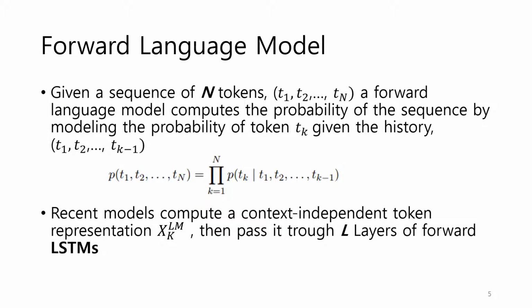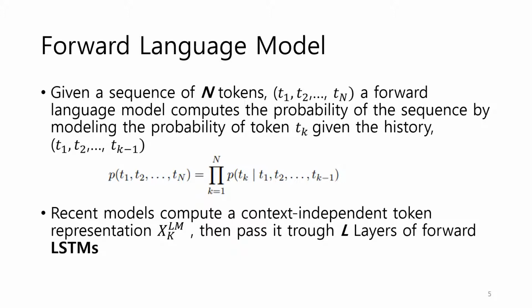Before we get into the deep details of how ELMo works, I will explain the main concept, the bi-directional language model. In this slide, I will mention the forward language model first. When given a sequence of n tokens, the probability of the sequence can be achieved by modeling the probability of tokens given the history like shown above.